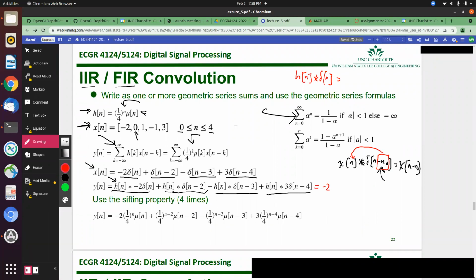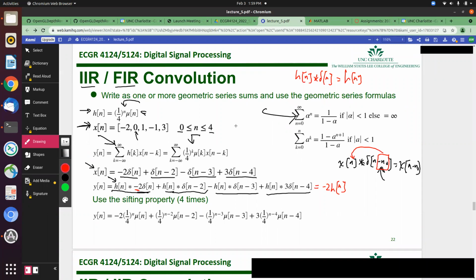It's just h of n again, right? And so in this case, the n naught has the value 0 and x is equal to h, right? So this is just equal to h of n. So it's -2 times h of n, because it's -2, that's a scaling property, and by linearity of convolution, we can just put that in afterwards. And then we have h convolved with delta. H convolved with delta is just h.